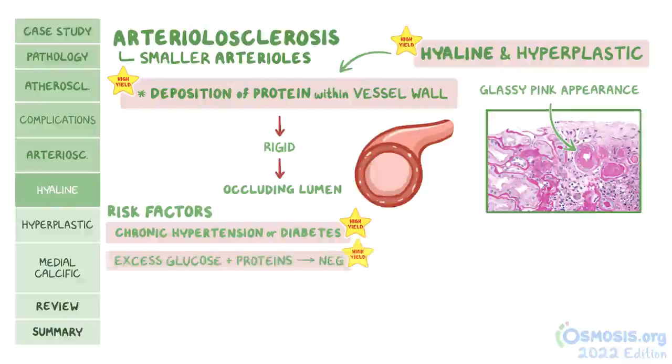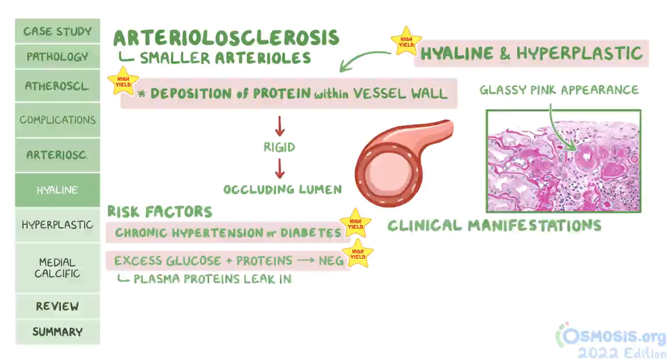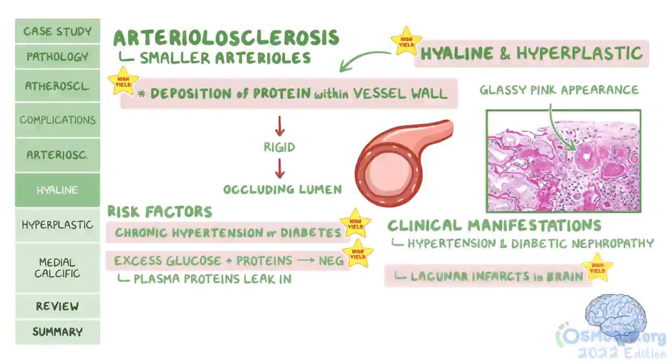Having too much sugar in the basement membrane is not a good idea, because it can disrupt the structure and allow plasma proteins to leak in. Clinical manifestations of hyaline arteriolosclerosis include hypertension and diabetic nephropathy, as well as small lacunar infarcts in the brain.